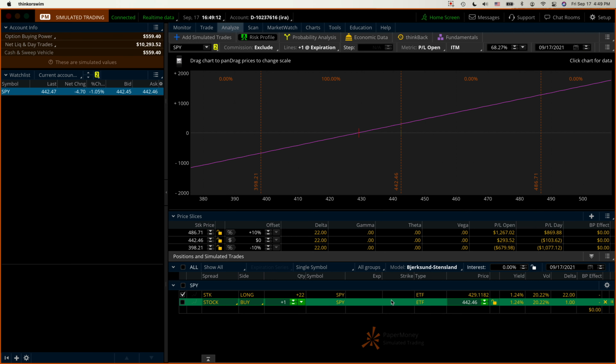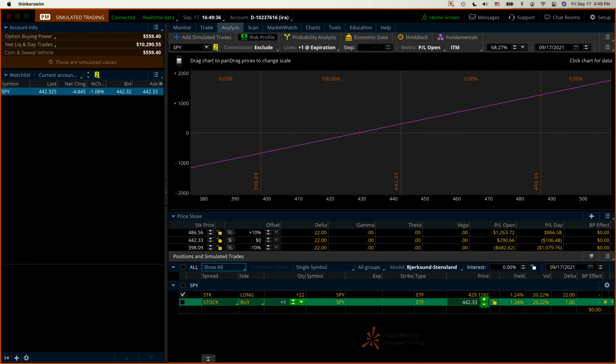This is what is called a simulation, because I haven't entered it yet. This 22 is the real position, a current position, real meaning our pretend account, and the average price is $429.